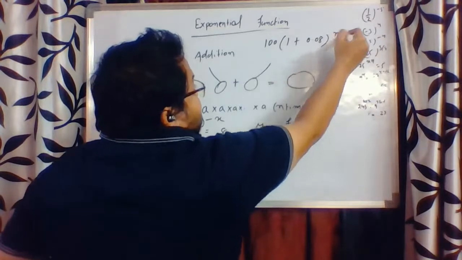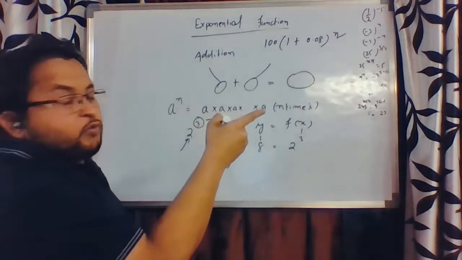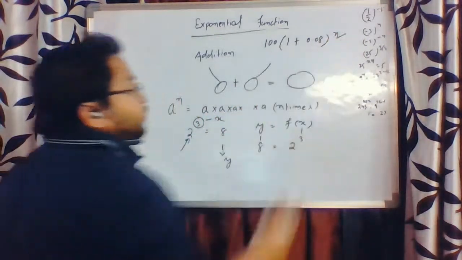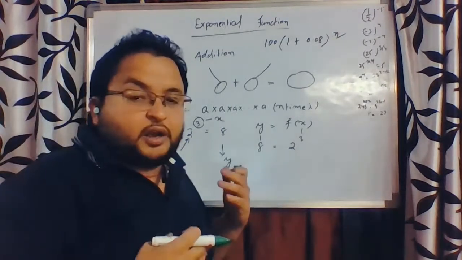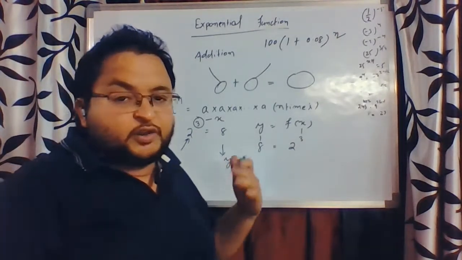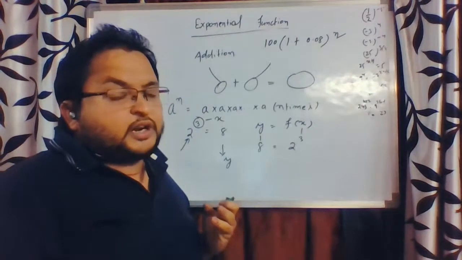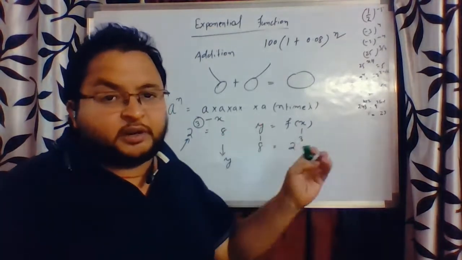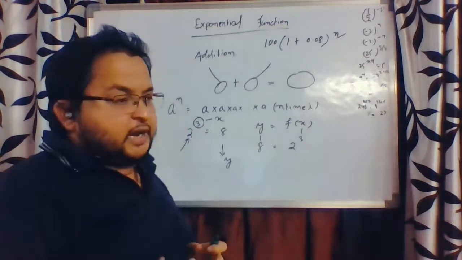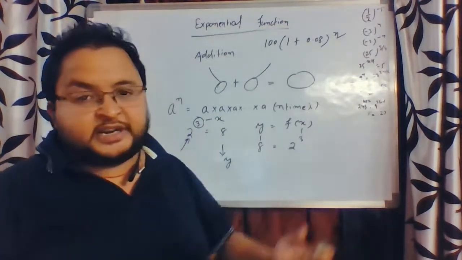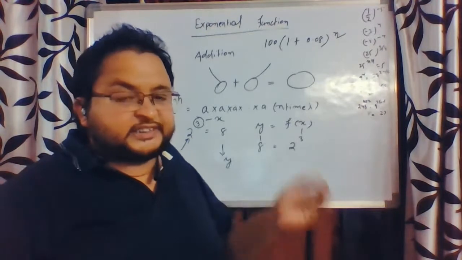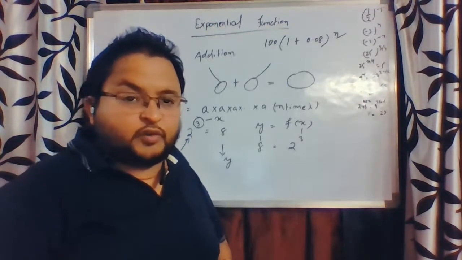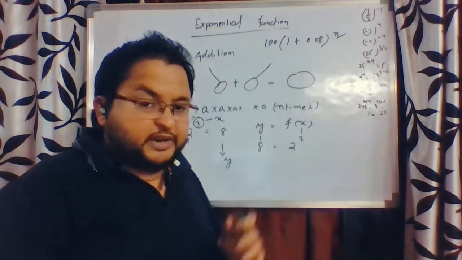So after 10 years, how much would the purchasing power be, as defined by this, right? Exponential functions are used even for that. There are many mathematical modeling situations which would use exponential functions, and we would look at that in greater detail in our next lecture, and we'll solve a lot of problems related to mathematical modeling.